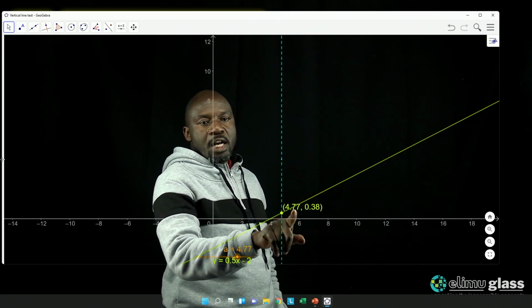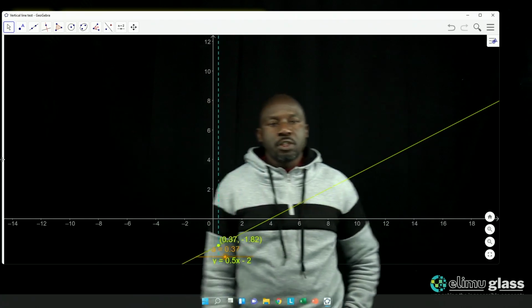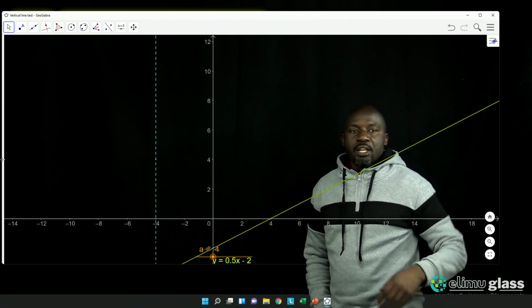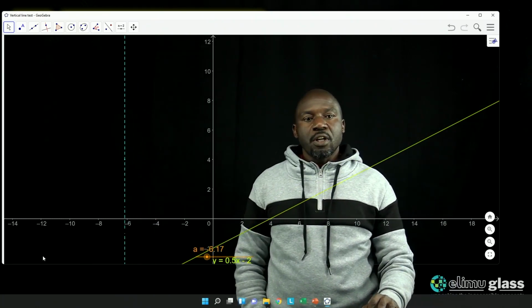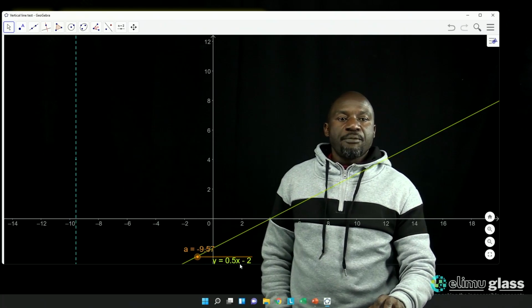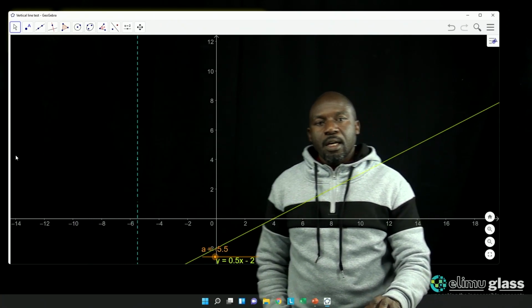Every input maps onto exactly one output, and so this is a function. The equation of a straight line is the linear function, so it is definitely a function. We already know that. Let's see another one.